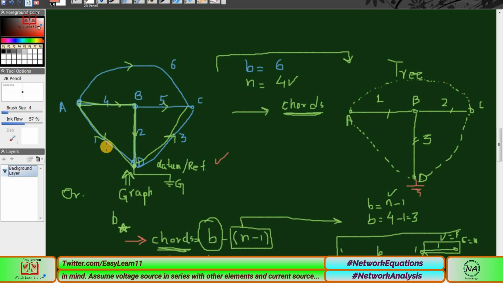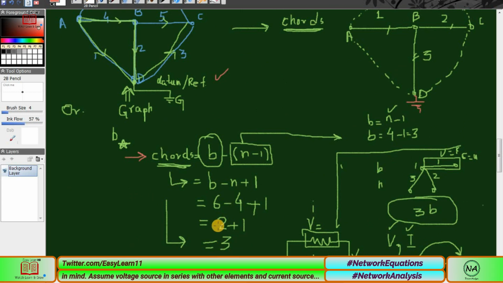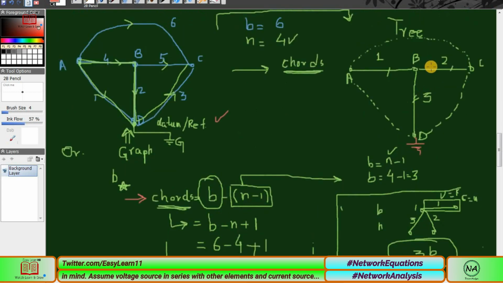What I was saying, B is the branches. You can see 1, 2, 3, and a total of 6 branches. If we have 6 branches, we apply this formula, and the answer is 3. It means we need to write 3 equations for this tree to solve using Kirchhoff voltage law.